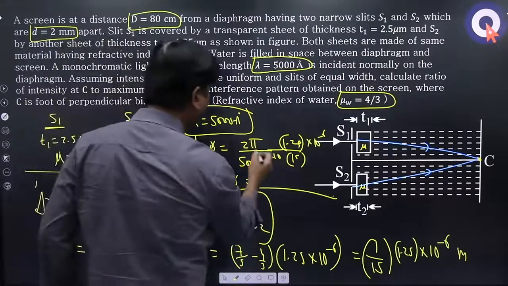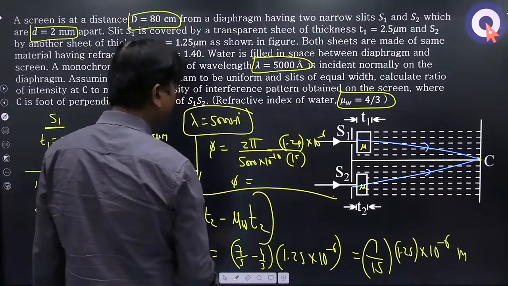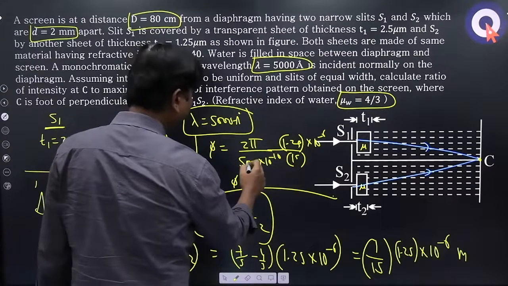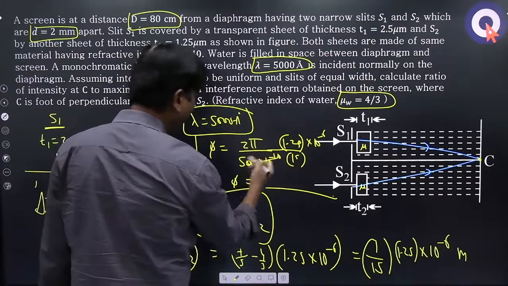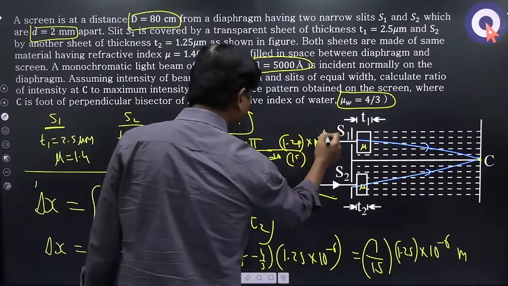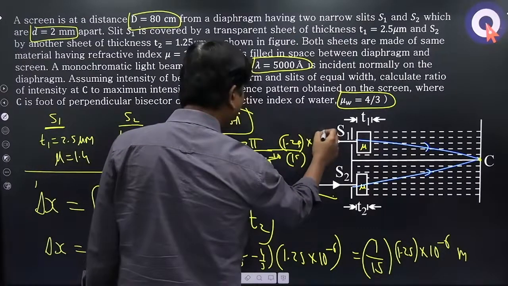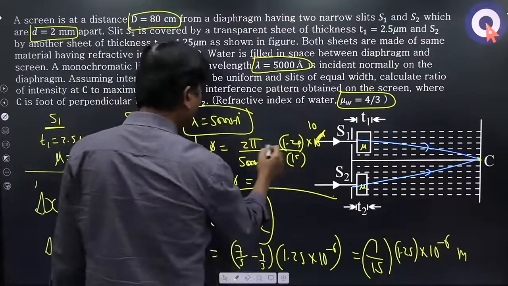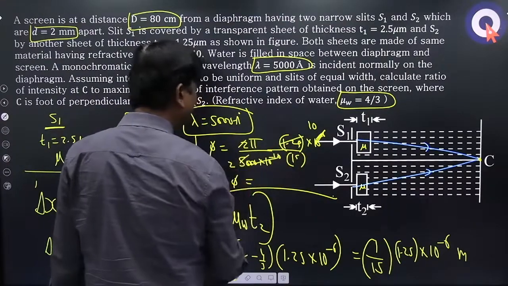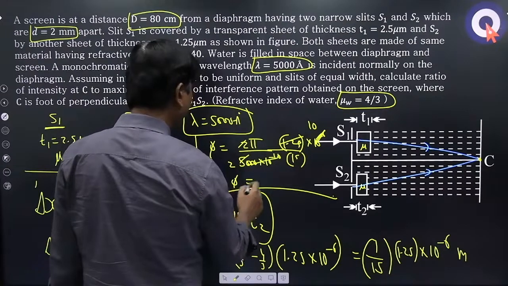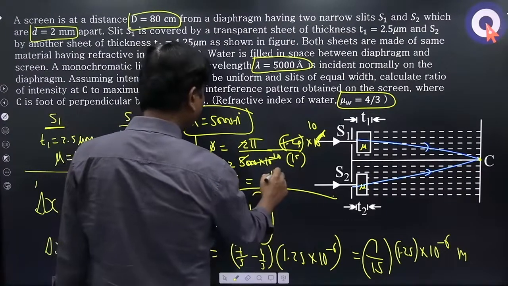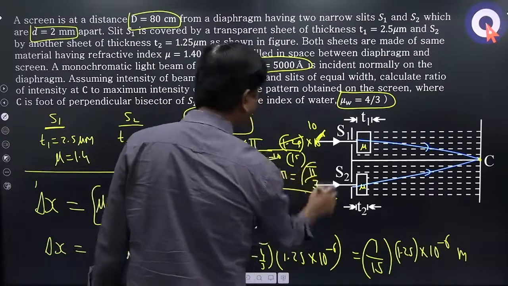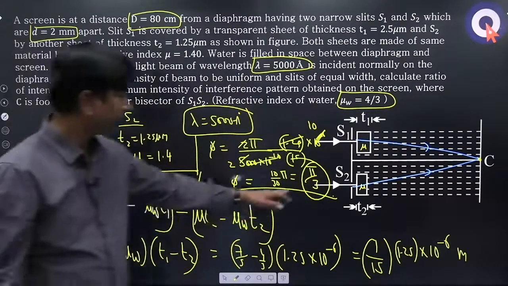The powers of ten combine and calculating gives pi by 3. Phase difference is pi by 3.